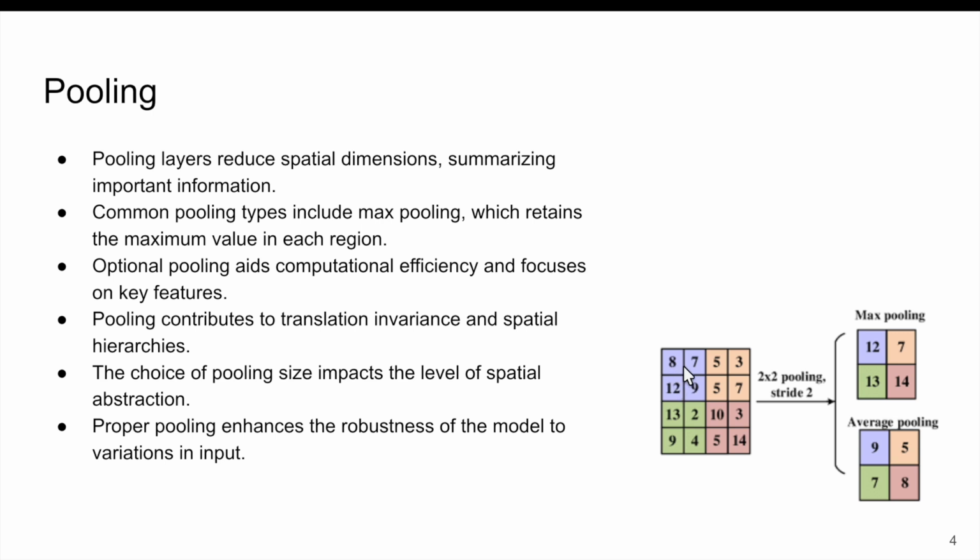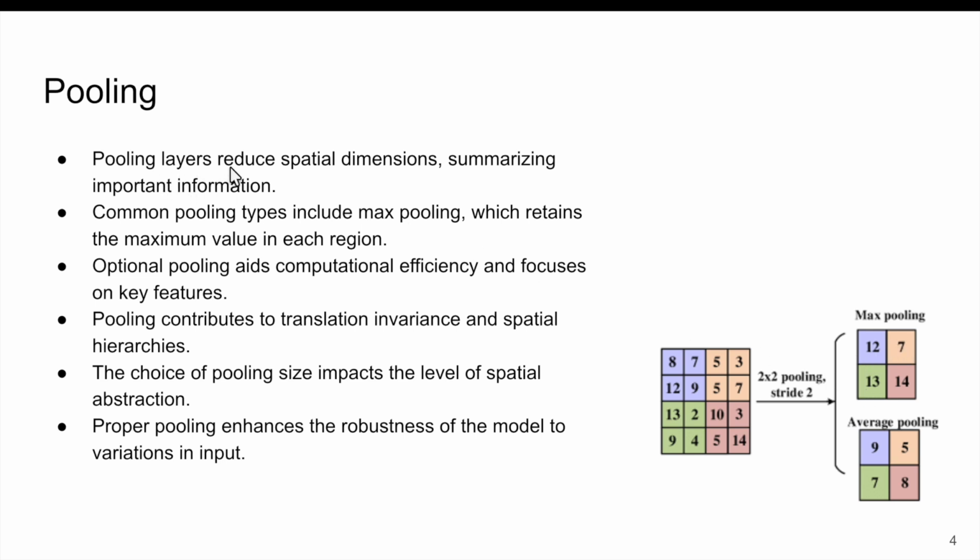So maybe if we consider max pooling, that is consider the maximum of these four numbers, then 12 will be carried forward. From here 7 will be carried forward, 13 and 14 and so on. So that reduces our spatial dimensions. So what basically happens is, instead of a 4 by 4 matrix, what we are passing here is a 2 by 2 matrix.